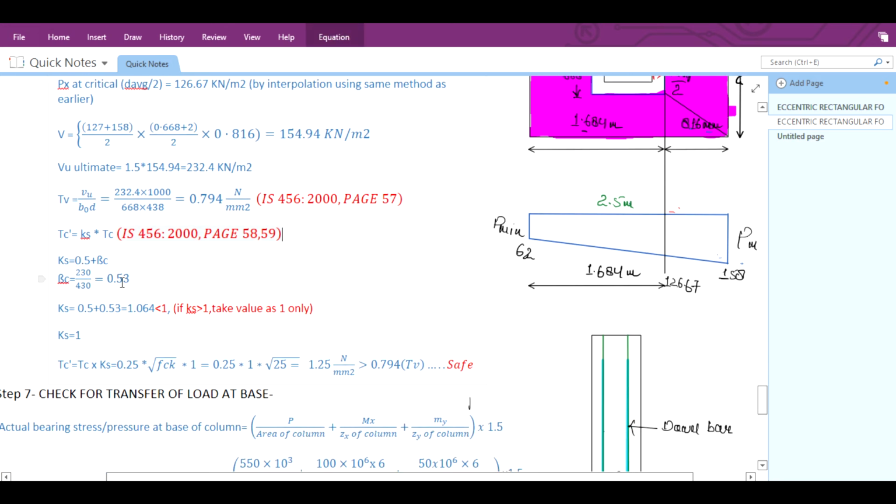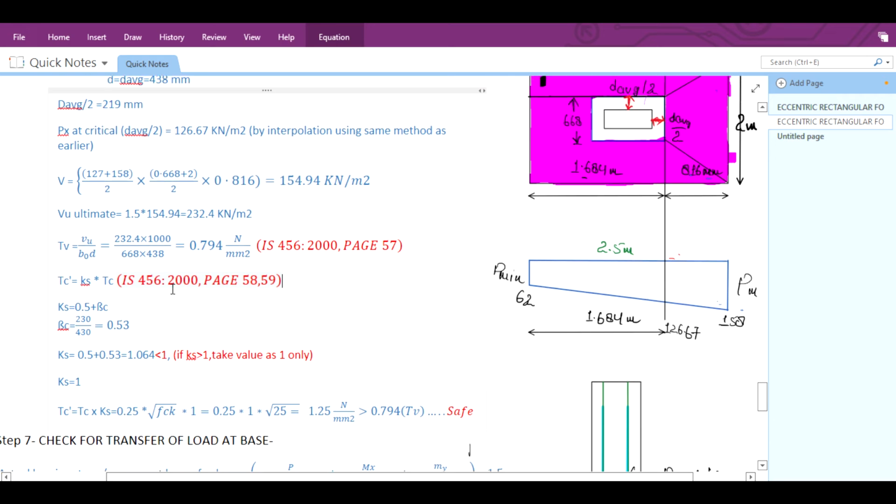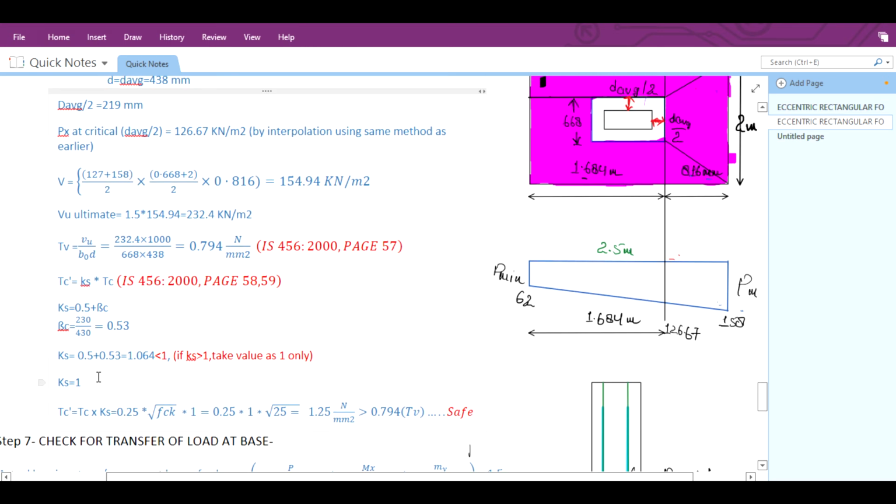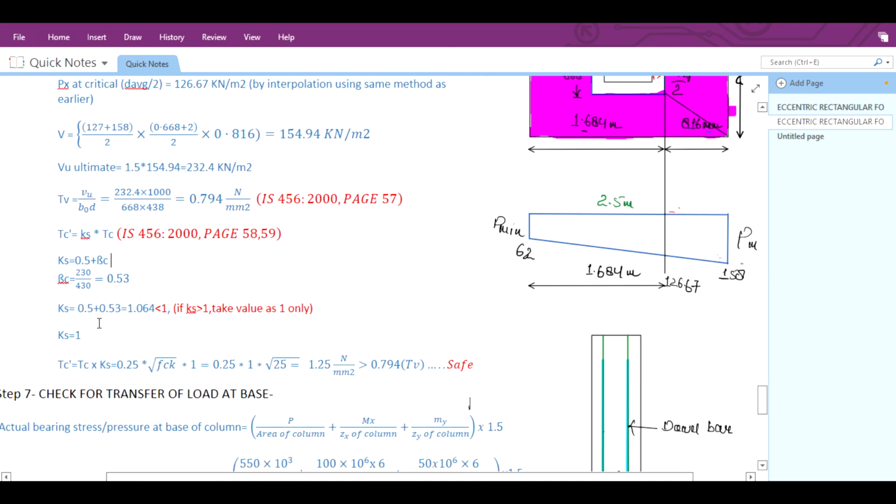Your beta c will be the ratio of the two sides of the column, that is 230 by 430, and it will come as 0.53. Your Ks will be 0.5 plus 0.53, so it will come as 1.03, but your value for Ks should not be greater than 1, so we are going to take the value as 1 only. If it comes as less than 1, then you have to take the lesser value.